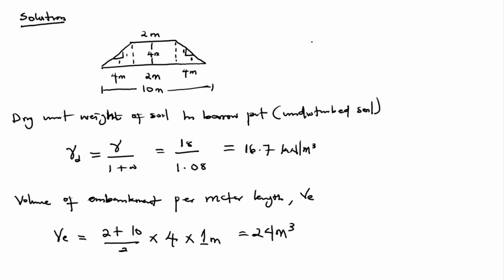So you know the area of a trapezium A equals to (a plus b) over 2 times h. I hope you can look it up easily.